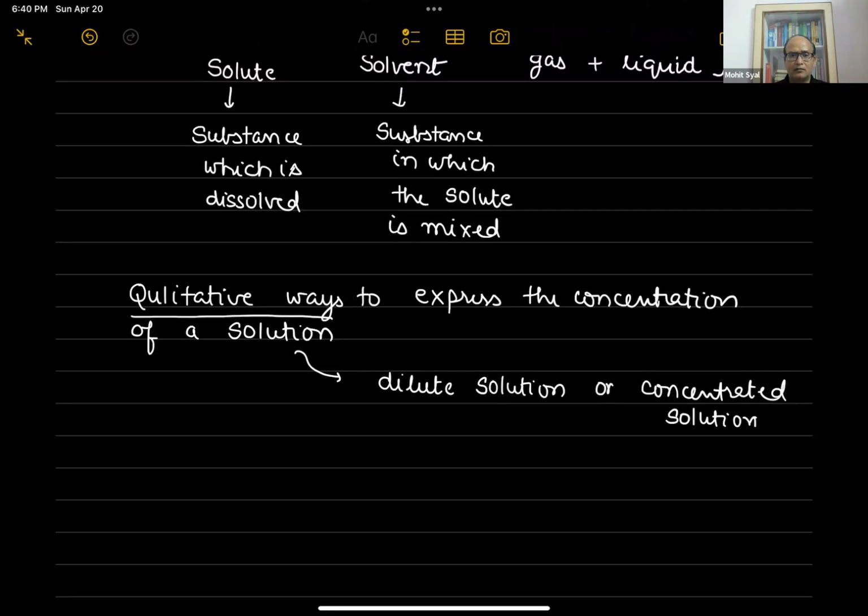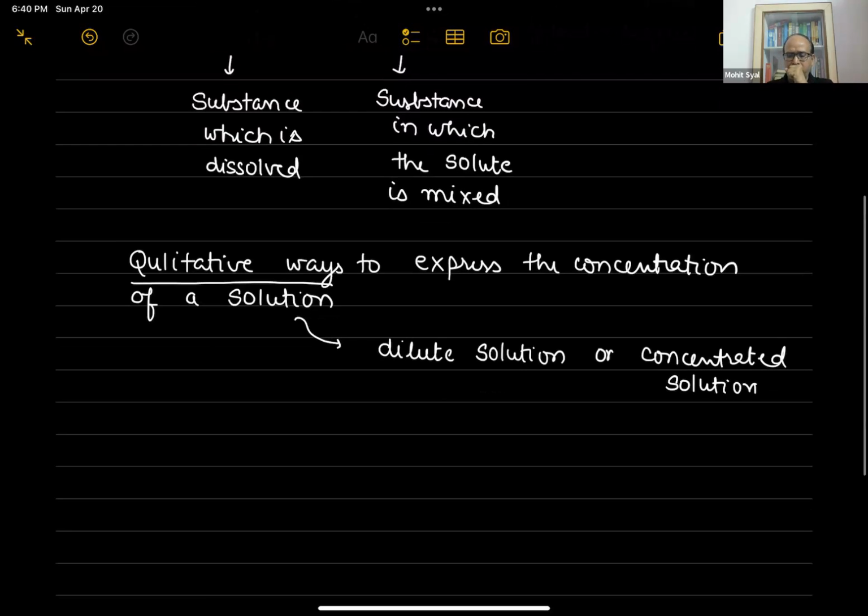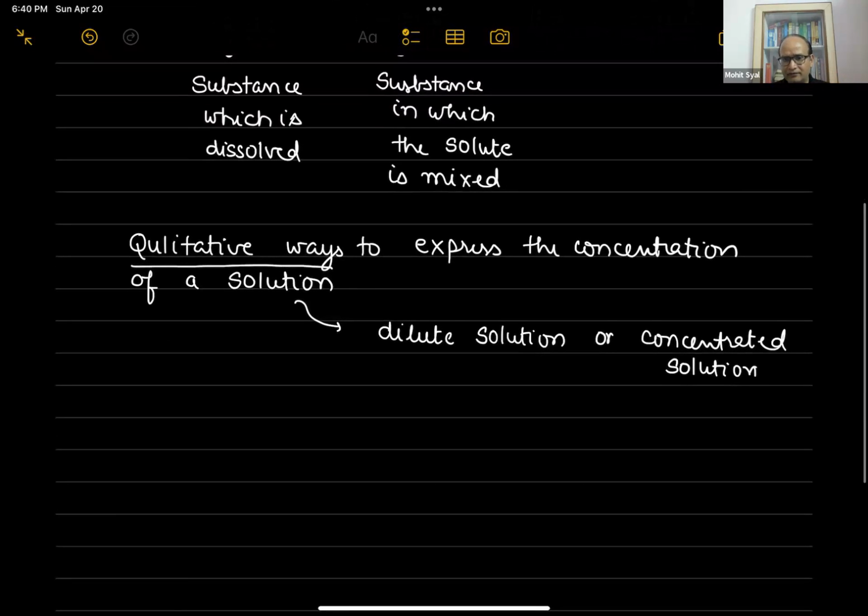Is it clear or not? Yes, sir. And these are not of much use. Normally we use them in our daily life. But in this chapter of liquid solution, we need some numerical concentration terms because we need to calculate numerically.